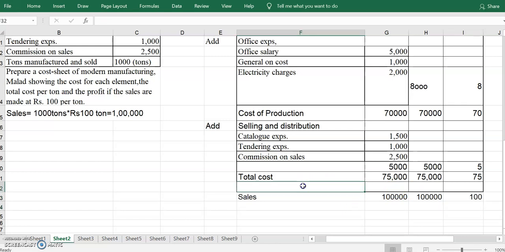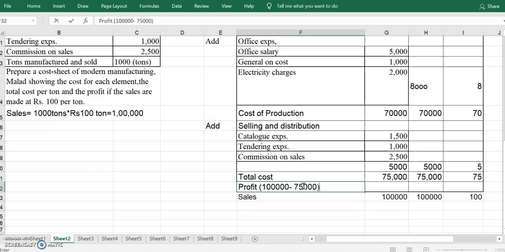So your profit will be 1 lakh, the selling price, minus total cost, 75,000.